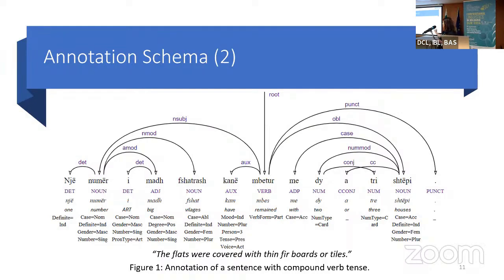So in this case, if we check the data set, we will not find any future tense in our data set, because we cannot annotate it as it is made with 2 tokens.